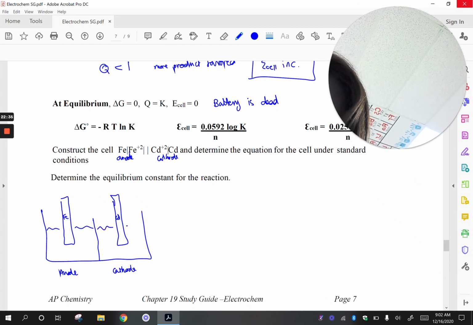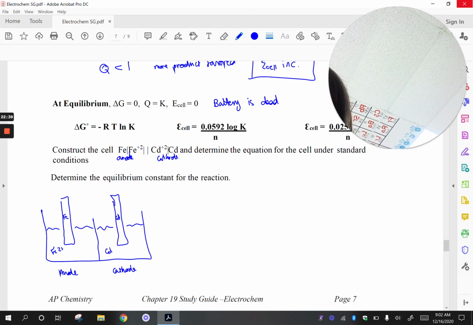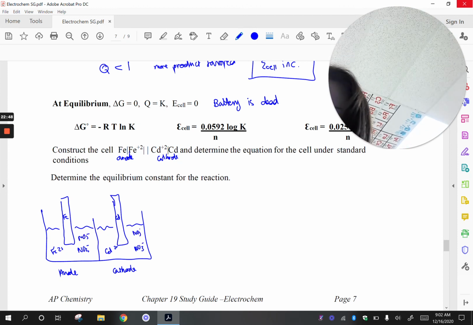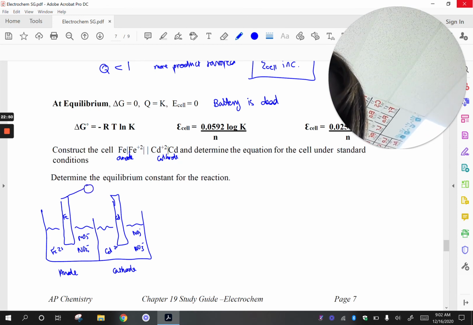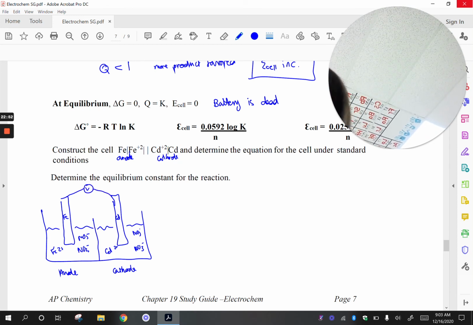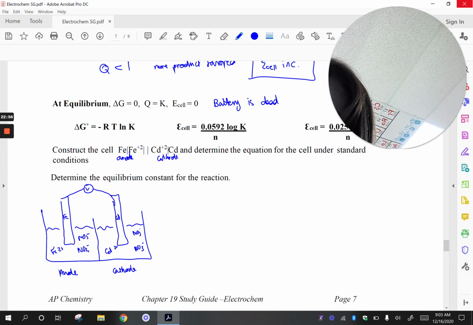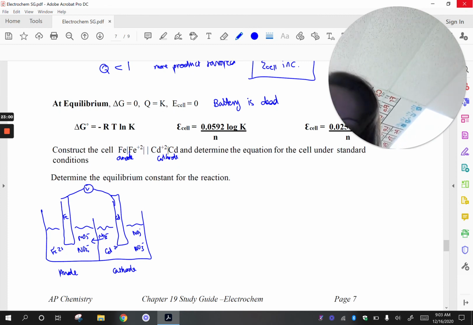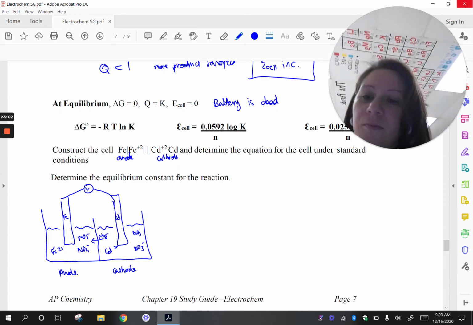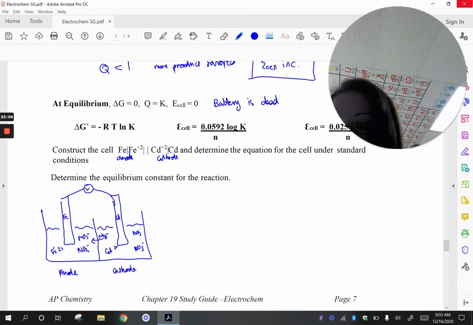And my solutions here, this is Fe2+, this is Cd2+, and of course you need some nitrates or something like that for your solutions. You need a wire to connect the two, and you don't need a salt bridge if you have a semi-permeable membrane. That's where your nitrates, your anions, would move. So we've constructed the cell.